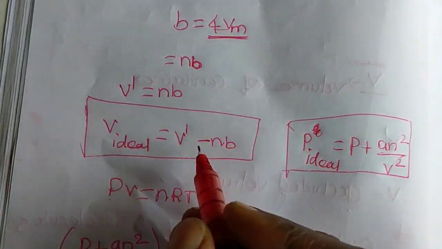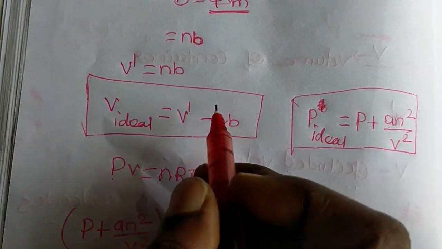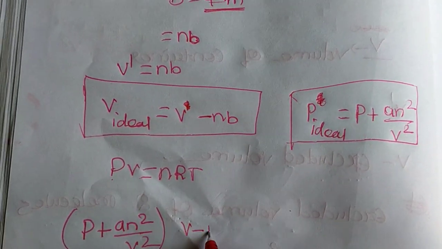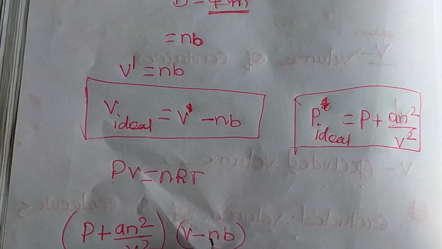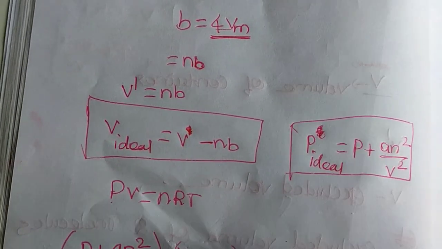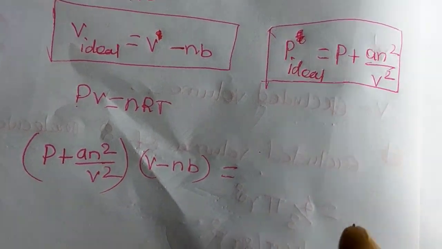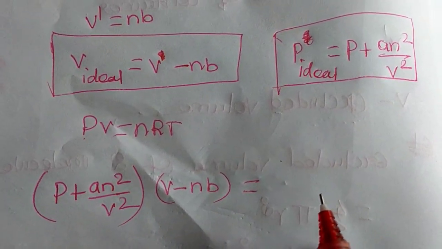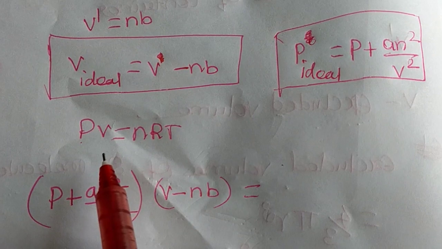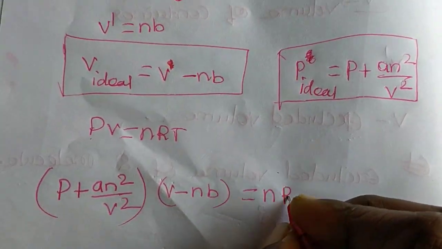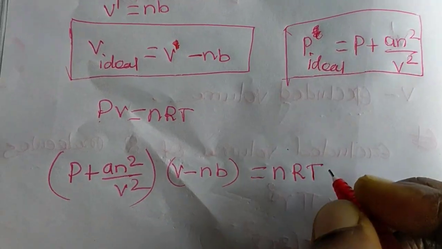That means you can write V minus nB. So (P plus a n square by V square)(V minus nB) is equal to nRT, because there is no correction in the temperature and gas constant, but there is a correction in pressure and volume. So this has become nRT.